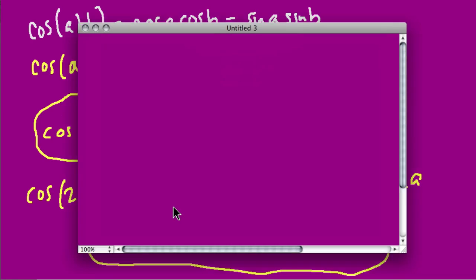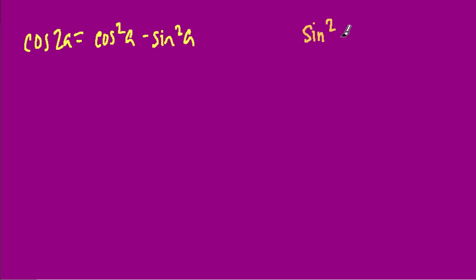This time, let's rewrite stuff, we're going to combine it. So we have cosine of 2A equals the cosine squared of A minus the sine squared of A. And over here we have one of the first trig identities, which is the sine squared of A plus the cosine squared of A is 1.